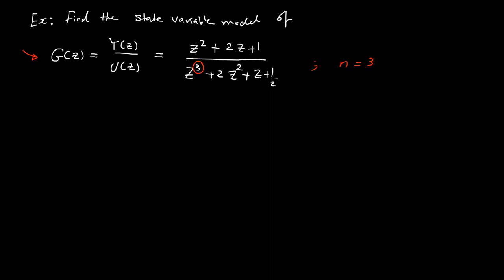The highest power of z in the denominator is 3, so simply this means that I need 3 state variables. So how to select the state variables? Now the first method that I will discuss with you is called the direct programming, or the direct method.